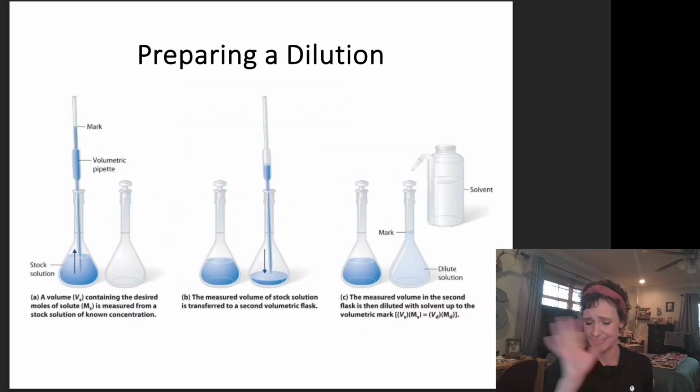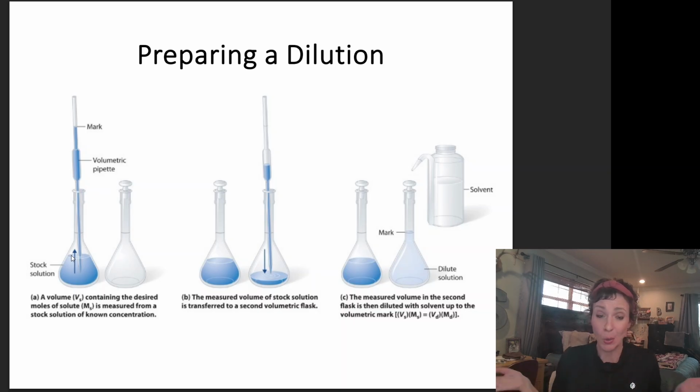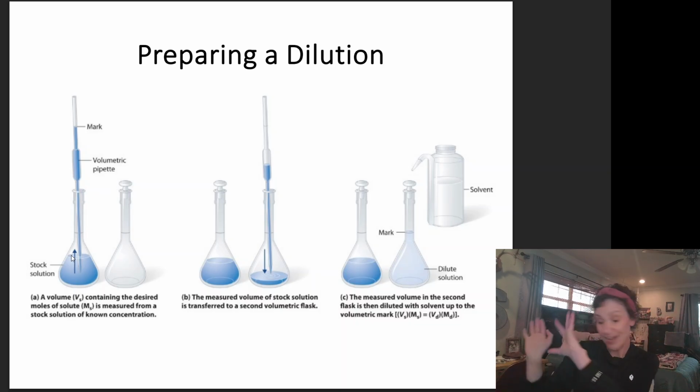Okay, so how does this actually look in the lab? So you go to any lab chemical stockroom and they're going to have a super concentrated solution of most solutions. Like we do a lot of work with 1 molar hydrochloric acid or even 0.1 molar hydrochloric acid or 3 molar hydrochloric acid, but we are not going to hold in our stockroom hydrochloric acid solutions of every possible infinite number of dilutions that we would want. That would take up way too much space, right? What we typically have is 1 solution of hydrochloric acid and the strongest, most concentrated, and therefore the most scary one to work with.